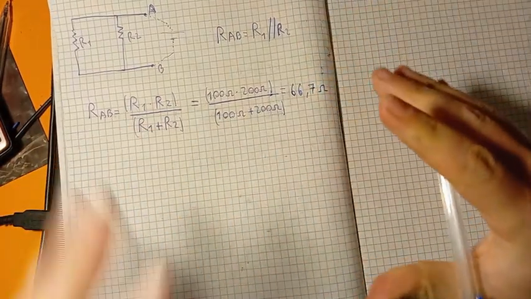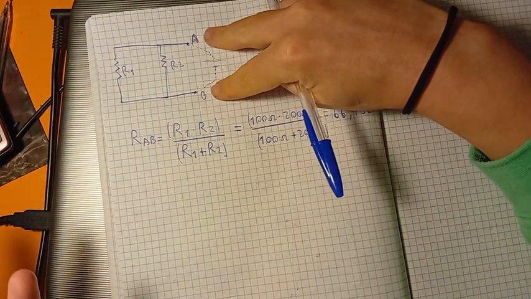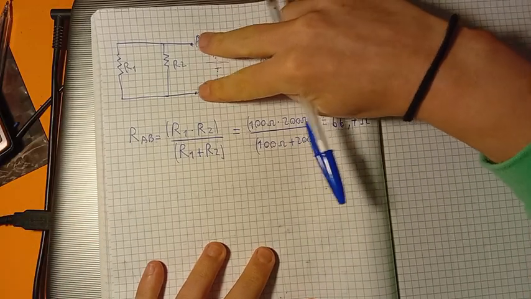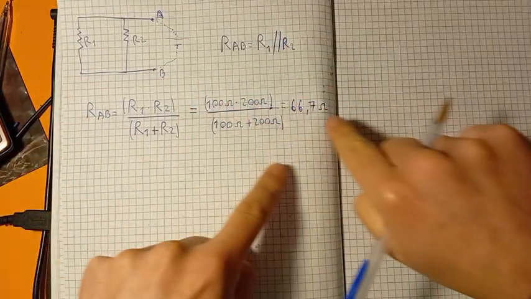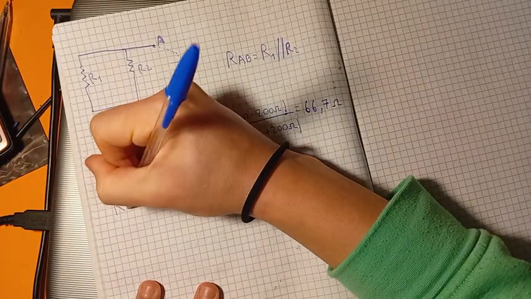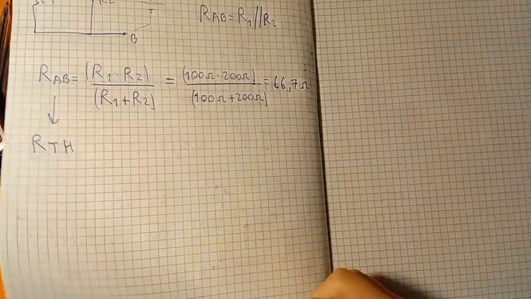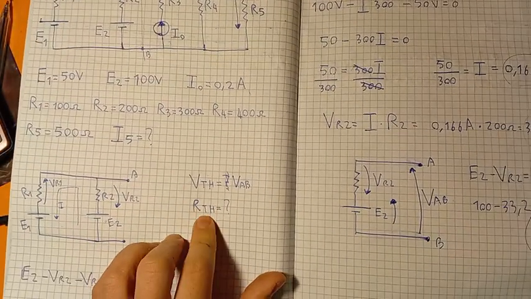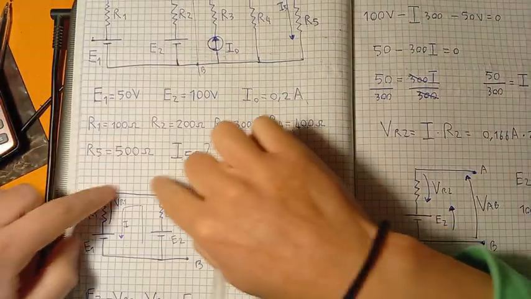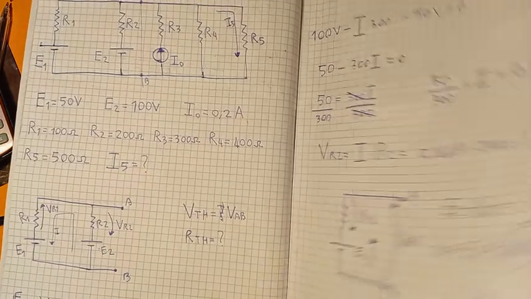This is our total resistance from the point of view of the points A and B. So this is the RAB. It means that this is the Thevenin resistance. So now we have the Thevenin voltage source and we also have the Thevenin resistance. So we can transform all this part of the circuit into just 2 components, the Thevenin voltage source and the Thevenin resistance. Let's do it.